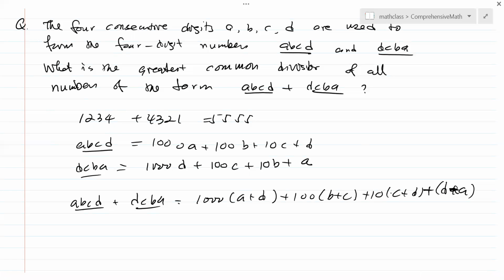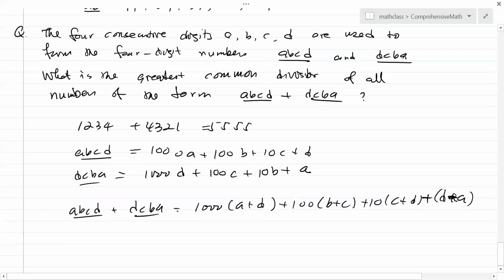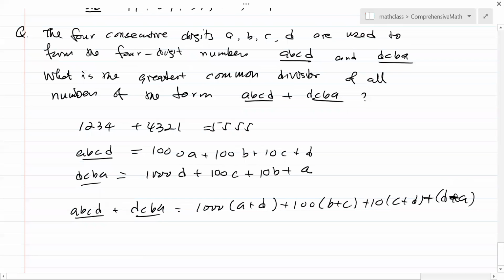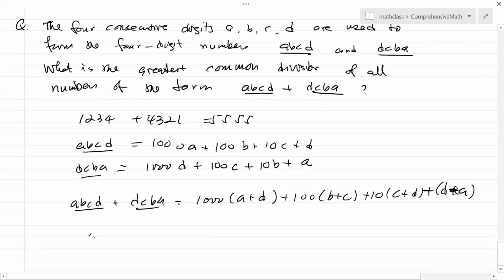Here A, B, C, D are 4 consecutive digits, so they're in order, right? So let's just assume A is N, B is N plus 1, C is N plus 2, and D equals N plus 3.